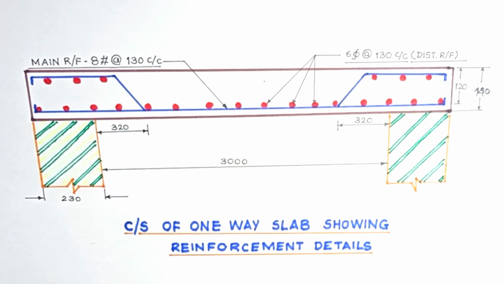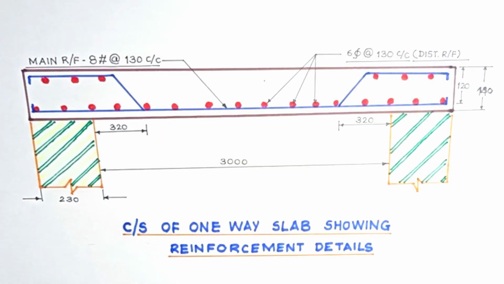Now after drawing this cross section of the slab, this particular problem is over. Now as far as 6 marks are concerned, this is more than sufficient for a diploma level examination. But to understand the procedure of application of checks for shear and bond, I am continuing this problem, but for 6 marks this is more than enough.